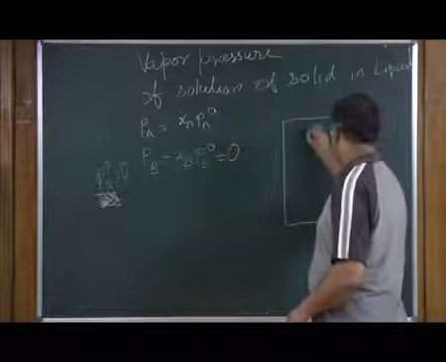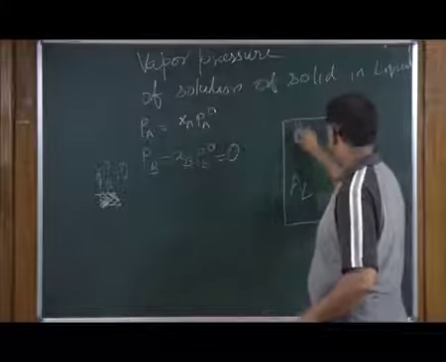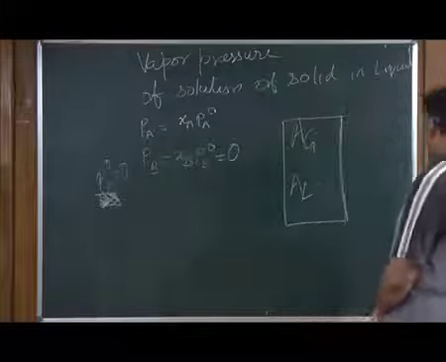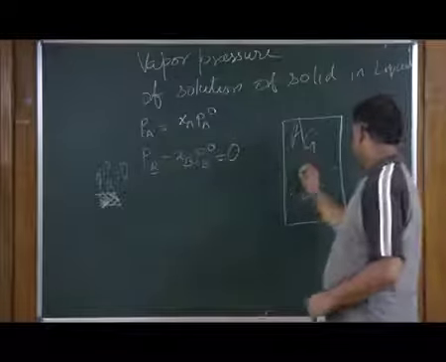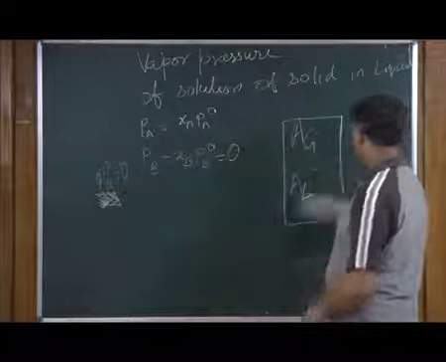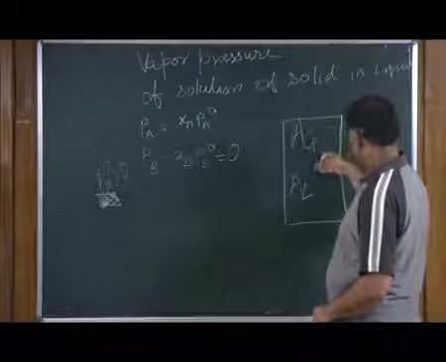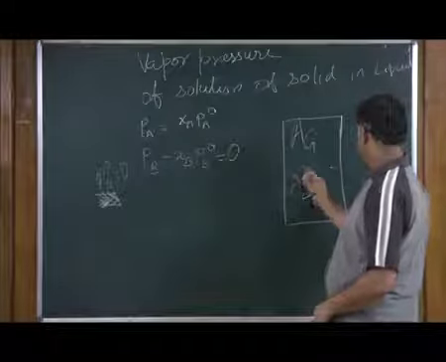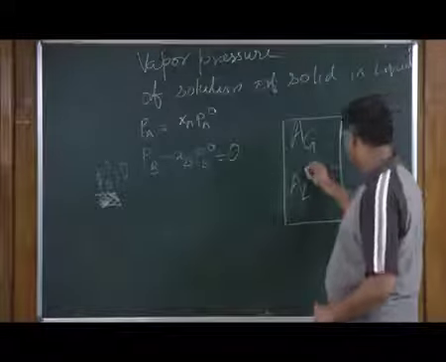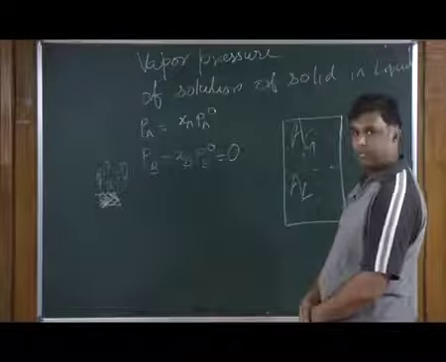So, this is gas and this is liquid A. The equilibrium which is going to happen is that some gaseous molecules strike the surface and go into the solution, and from the surface some molecules have enough energy to escape. Okay.